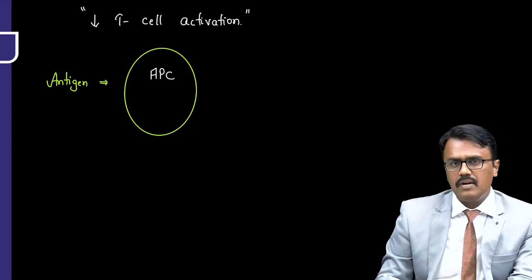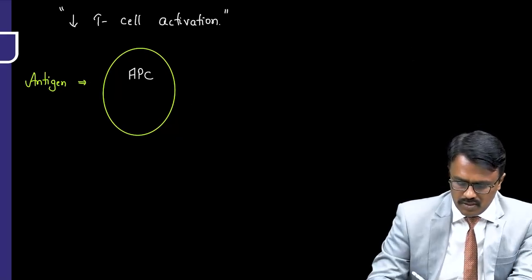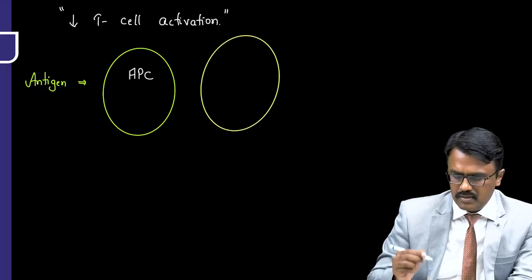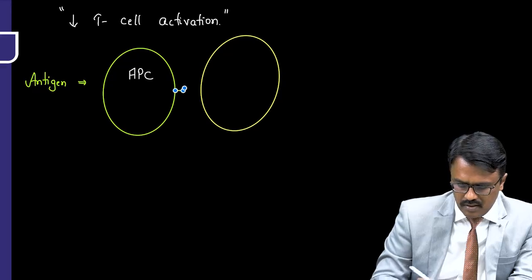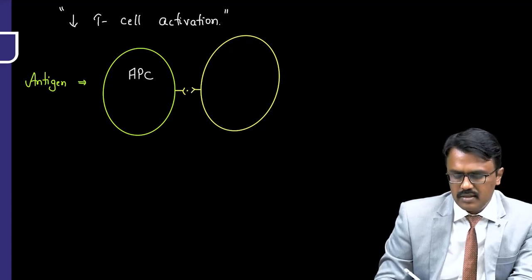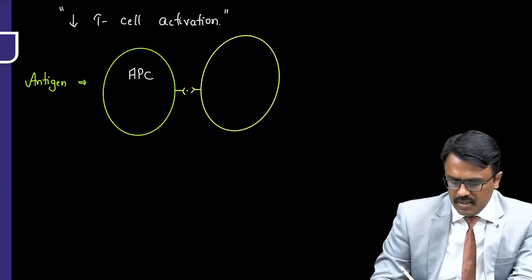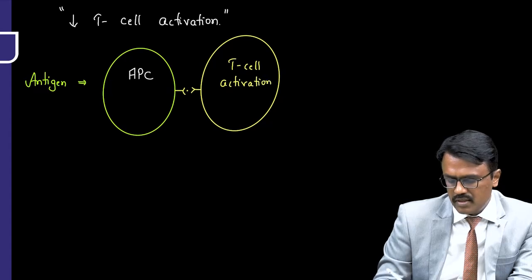It has to give the message to one more cell, that is the T cell. The antigen is presented here and taken up by the receptor in the T cell. And the T cell undergoes activation.